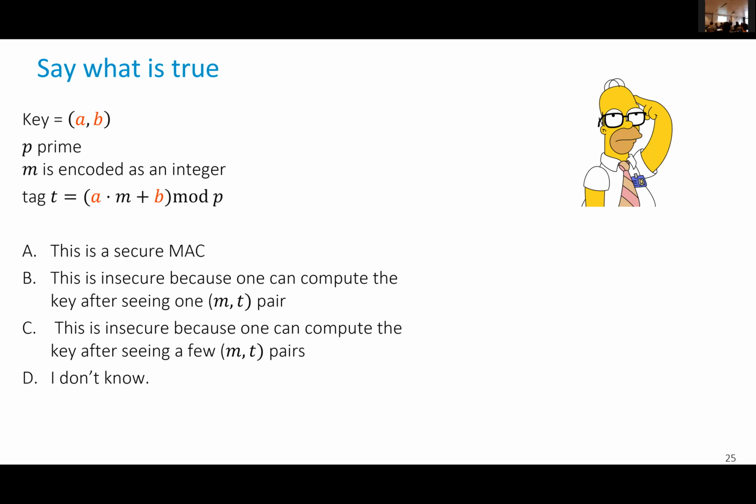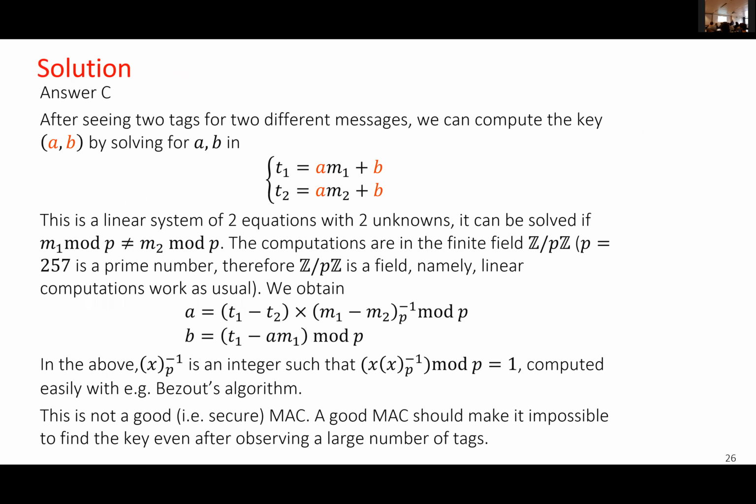Closing the poll. The majority says C, so you don't trust this thing here, and you are right, because this is a very bad MAC, in fact. If you see two combinations of messages and tags, M1, T1, M2, T2, then as the attacker I will simply have to solve this set of linear equations.